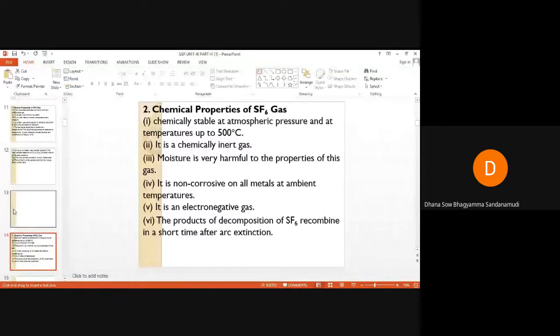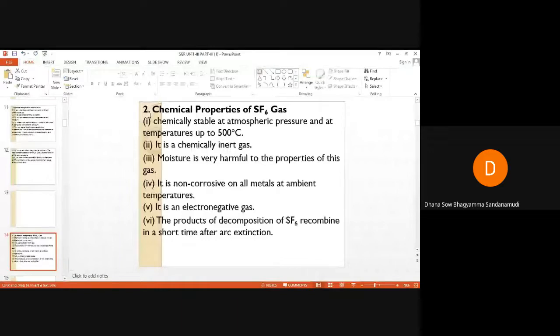The products of decomposition recombine to form the original gas in a very short time upon cooling. So these products SF4, SF2, S2, F2, S, and F will once again recombine to form SF6 within a short period upon cooling.